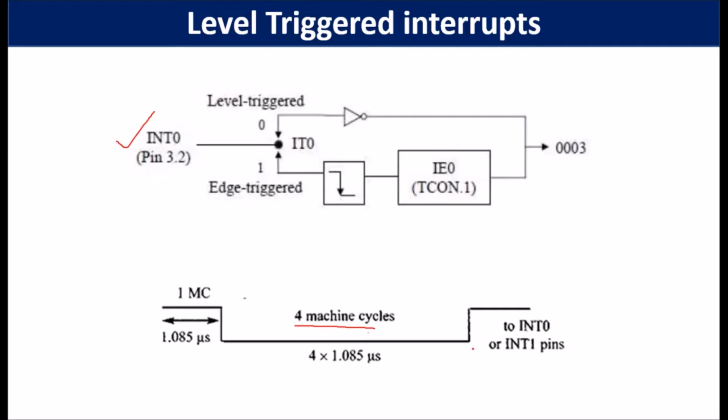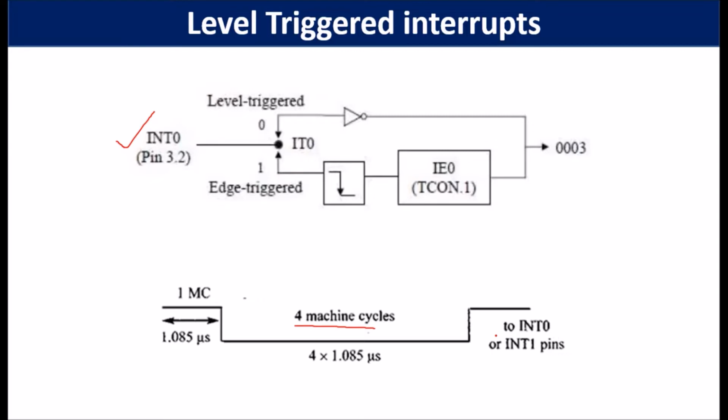After that, the user should give a logic 1 signal to this pin. This is the minimum duration required to cause the interrupt. You can apply 0 for a longer time period also, but this pin should be pulled high before the last instruction of the interrupt service routine.